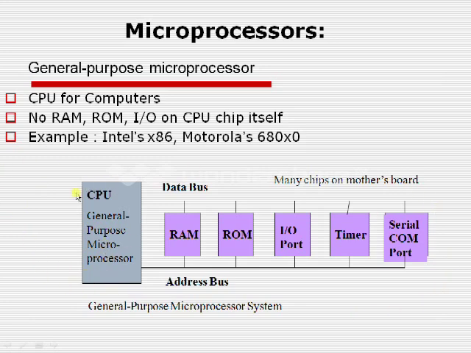This processor can be used in any kind of application, so that is why it is called a general purpose microprocessor. And this complete block represents how to build a computer with the help of a processor and some peripherals. The examples are Intel 8086 architecture, and Motorola's 68000 architecture.